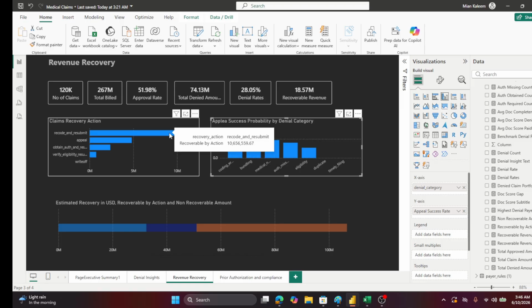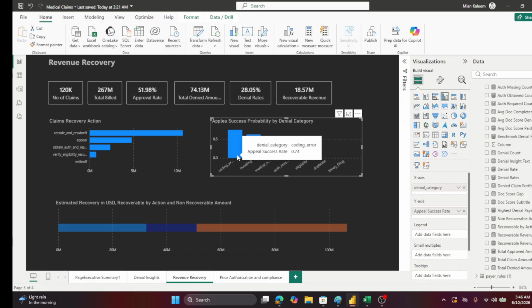Here we can see recode and resubmit. Bundling also has a higher probability, 62%, and then medical necessity, eligibility. These are certain areas where the success ratio is higher.